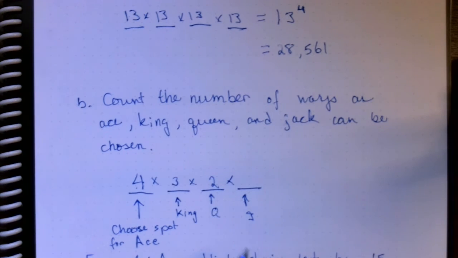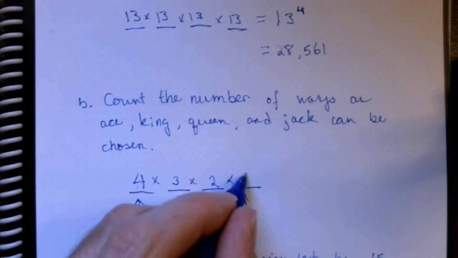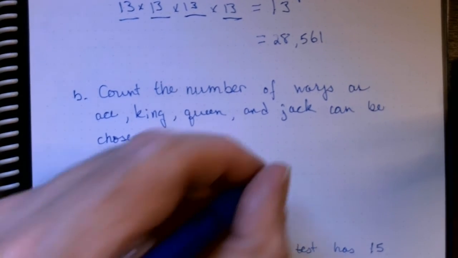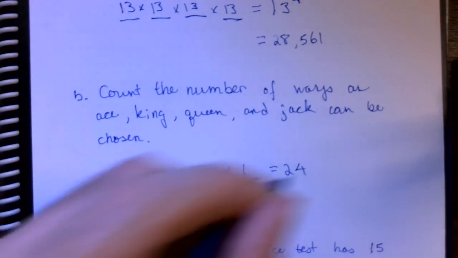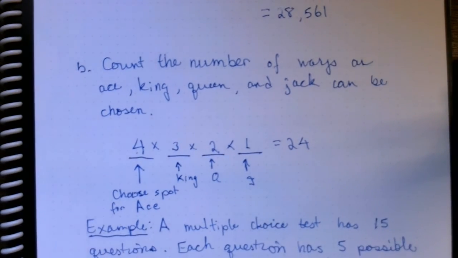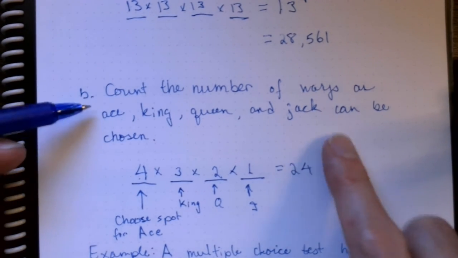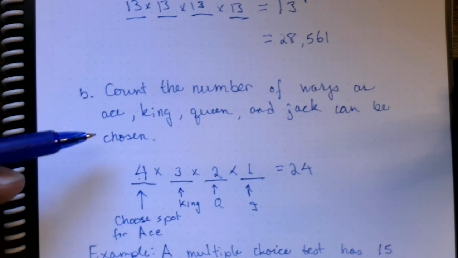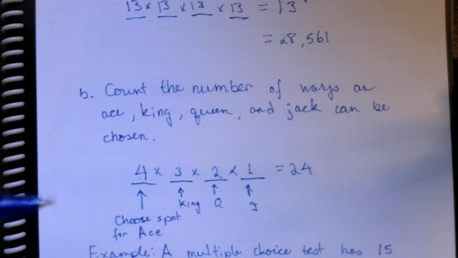And now, when you're deciding on the jack, you only got 1 spot left. So 4 times 3 times 2 times 1 is 24. So this is the event that our 4 cards have an ace, queen, king, and jack in some order.